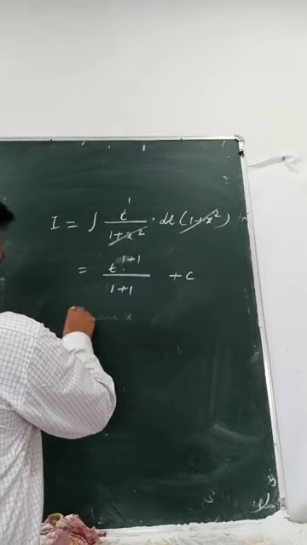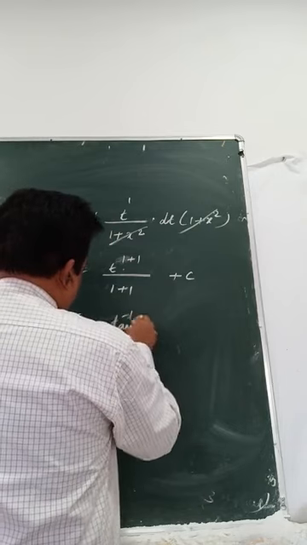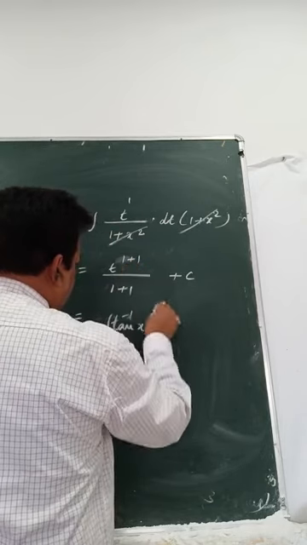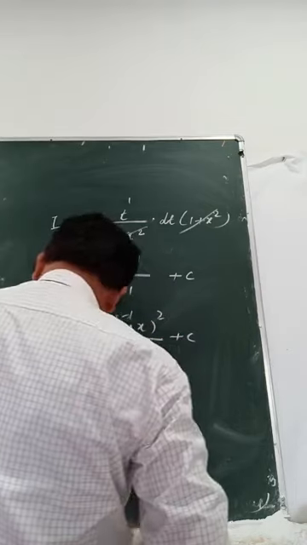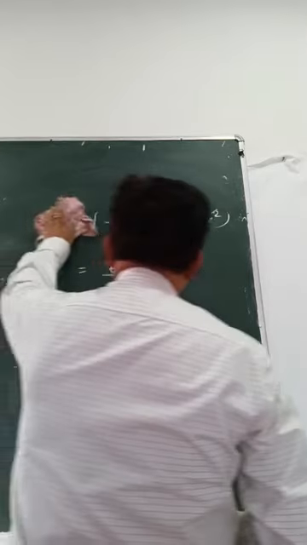Now you put back the value of t, that was tan inverse x whole square by 2, plus a constant. So like this, there are so many questions in exercise 7.2. We'll try to solve. Similarly, I find out another question.